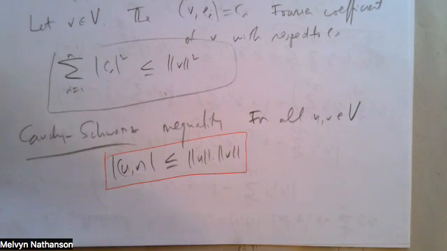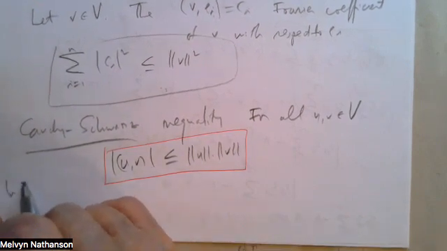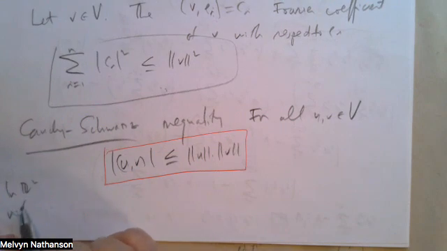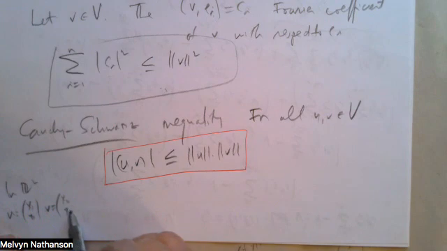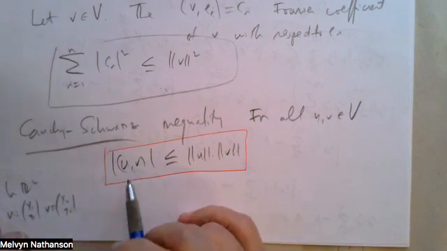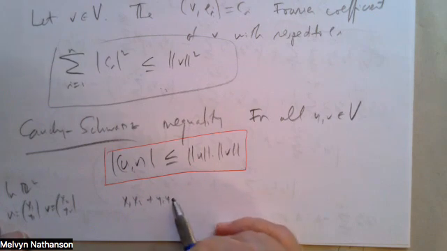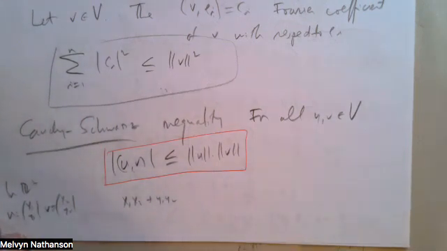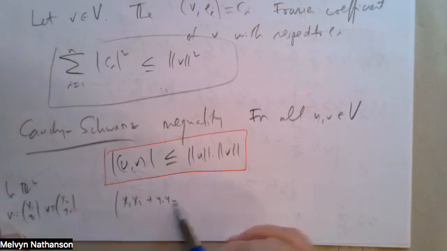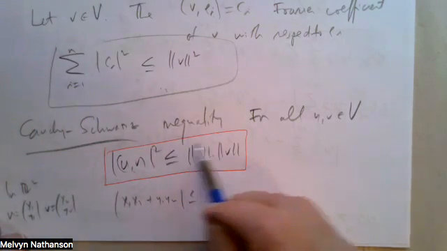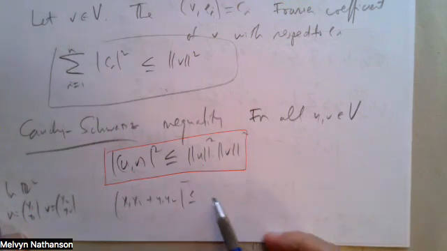And just as an example, what does this say in R2 with the standard inner product? So if u is (x1, y1) and v is (x2, y2), the inner product is x1x2 plus y1y2. Let me square both sides just to get rid of square roots.